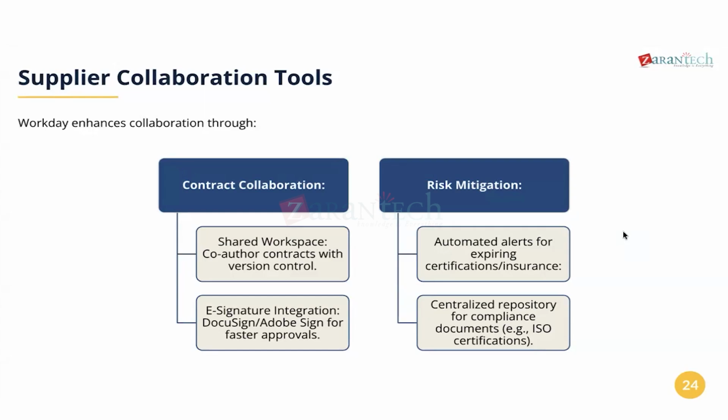Then we have one very major integration, which is for the e-signature. DocuSign and Adobe Sign are some of the major players for that, because now things are digitized. At each and every stage, typically the contract creation that we saw was very straightforward from the catalog point of view.